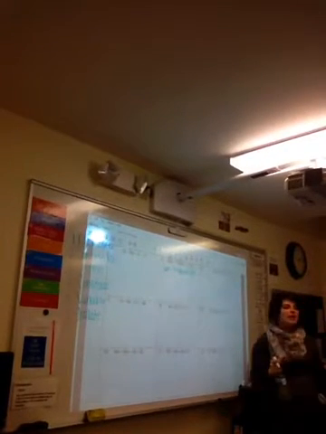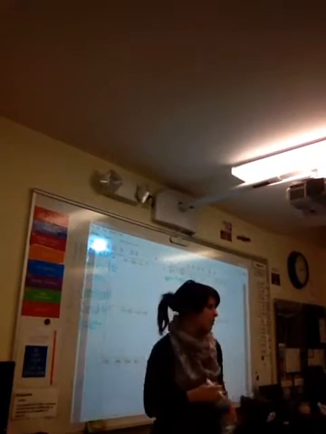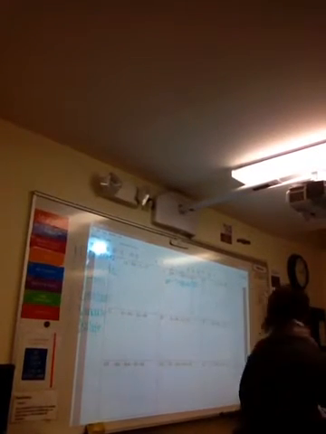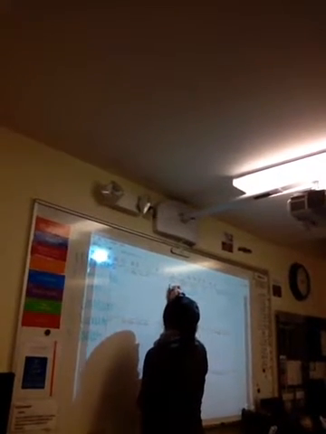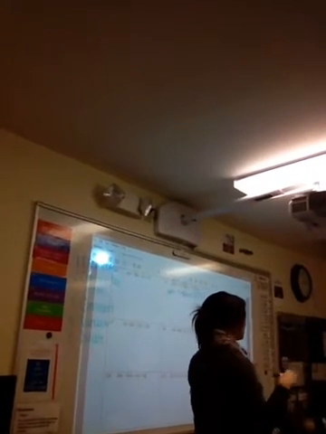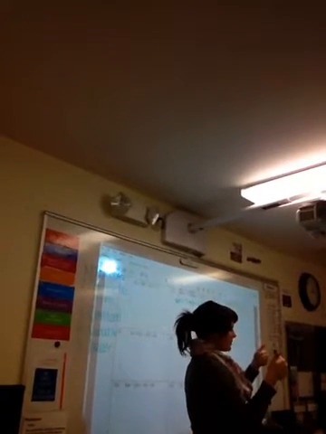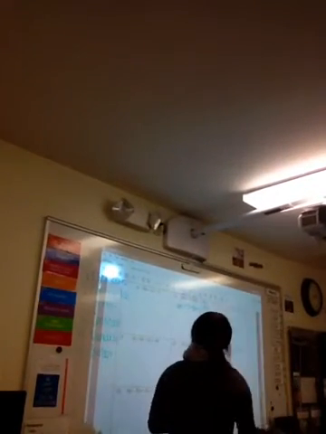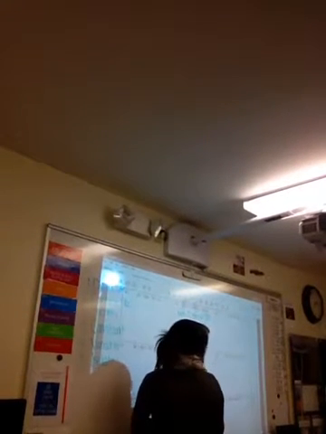Perfect. Raise your hand if you can tell me what my like terms are for step number 2, combine like terms. Matt? 8n and 6n. Okay, now they're on the same side of the equation. So do I do the same operation or the opposite operation? You would add because there's a plus sign in front of the 8. Excellent. We have 6n plus 8n. So what does that give me?